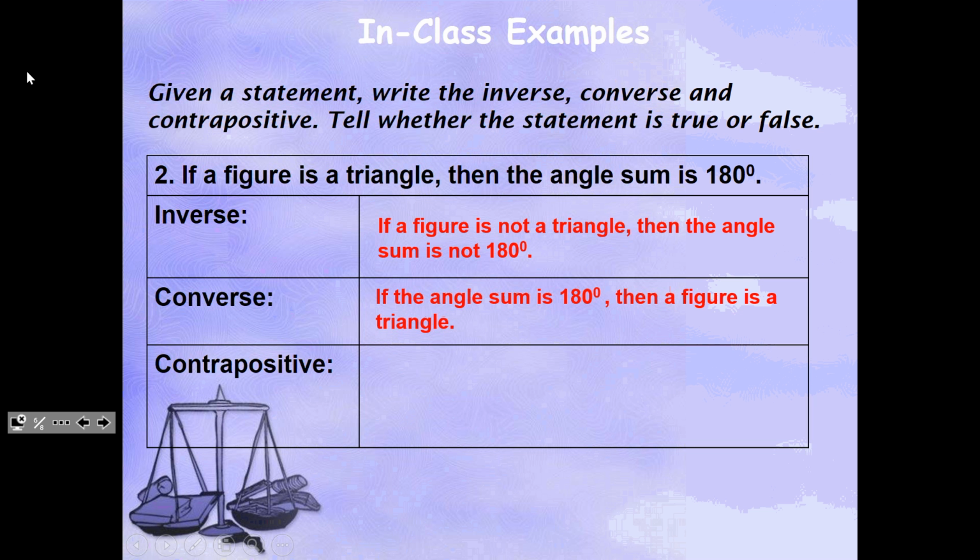All right, and then we have our contrapositive. So contrapositive is what? Flip nots. So we already flipped it for the converse, so I'm going to pretty much keep it the same as the sentence above. I just need to add in the nots, right? So this one would read as what?